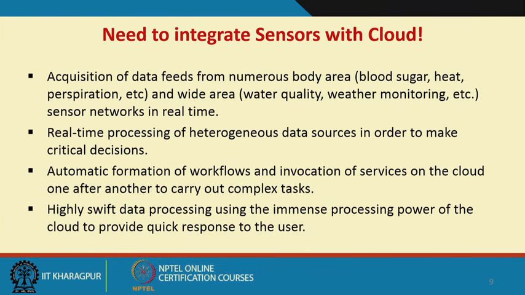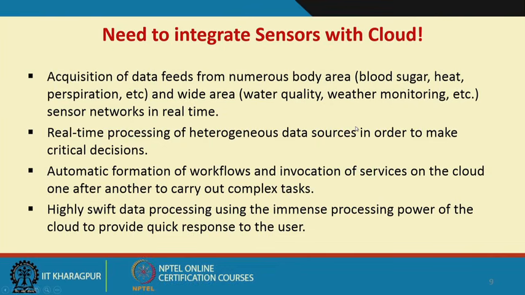So, it is not only real time information, but also real time processing of the information that is a requirement coming up, where integrating sensors with cloud may give some results. This means real time processing of heterogeneous data sources in order to make critical decisions, right.